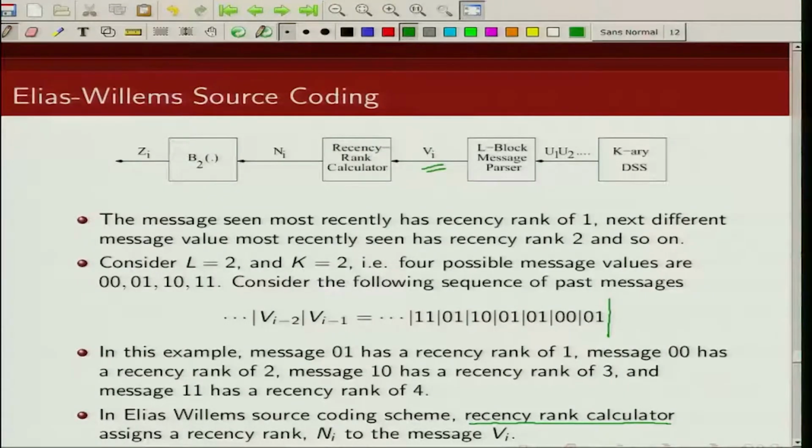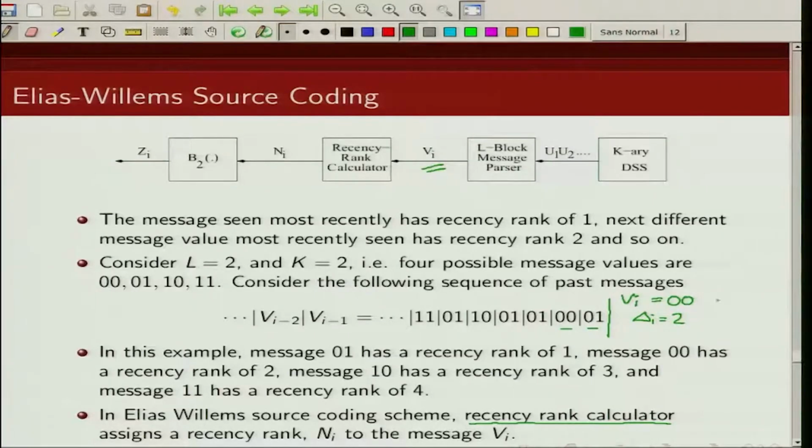So, let us say Vi is 0, 0. So, we have to go back in the past and see when did 0, 0 occur. So, you can see this is Vi minus 1, Vi minus 2. So, this is delta corresponding to 2. So, delta i in this case will be 2.